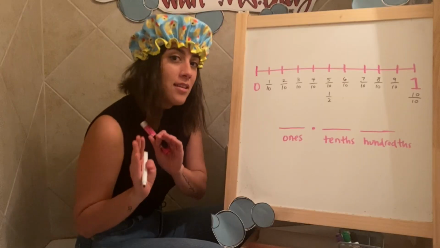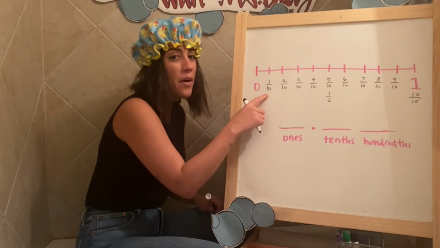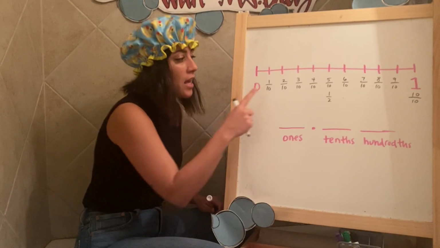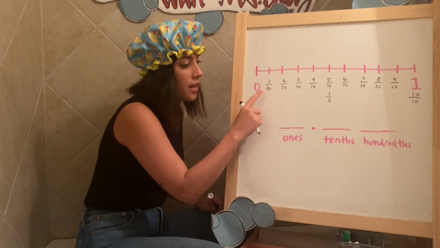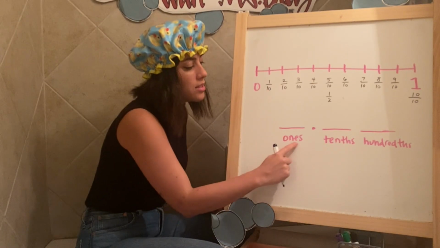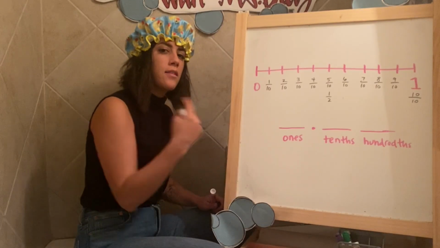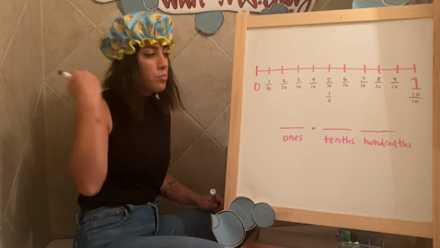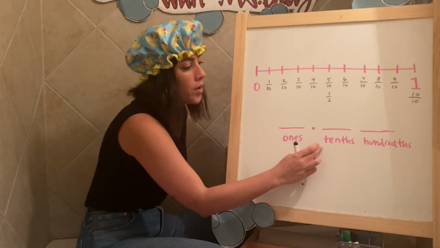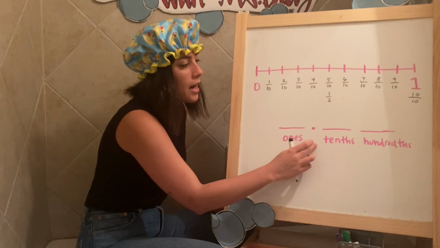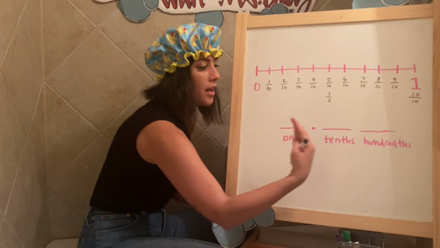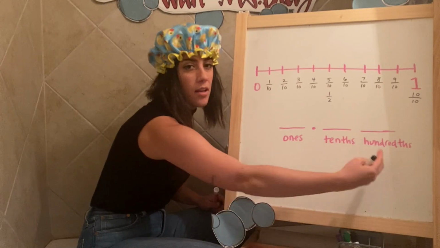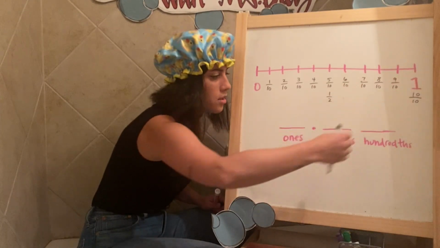Now relating this to decimals, you see how I said tenths? Because the fraction is in tenths, it relates to decimals. We can have our ones, tens, hundreds, our big numbers like I showed you in the previous clip. But when we're talking about decimals, they go on the right-hand side of the decimal: tenths, hundredths, thousandths, continuing.